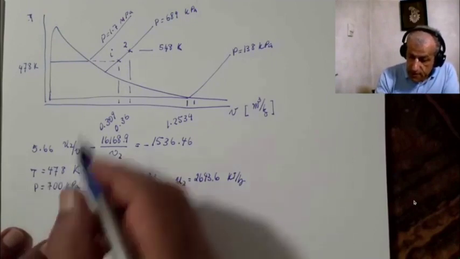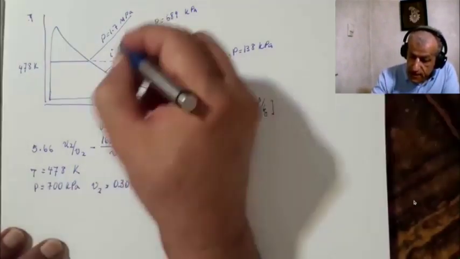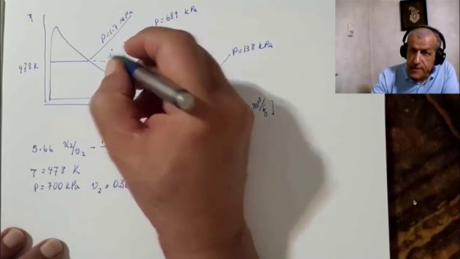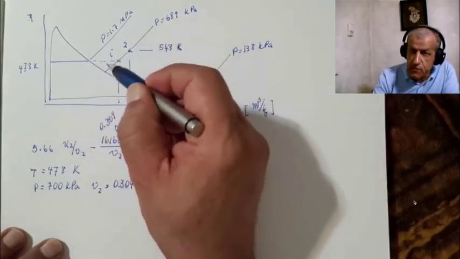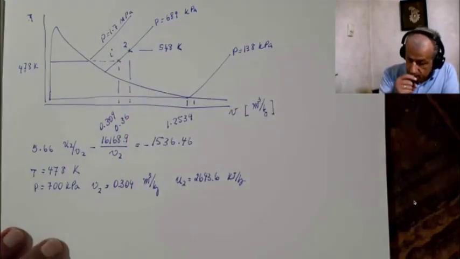On the same line, you see 700 line is a bit higher, this is 689, 700 would be just a bit to the left.